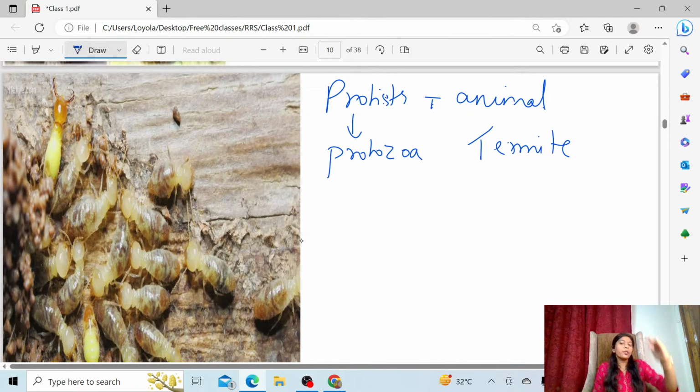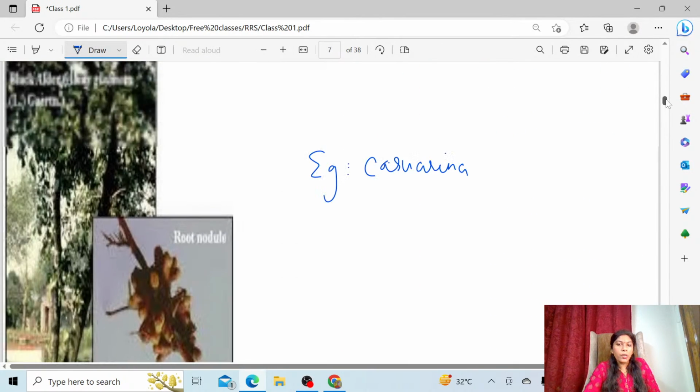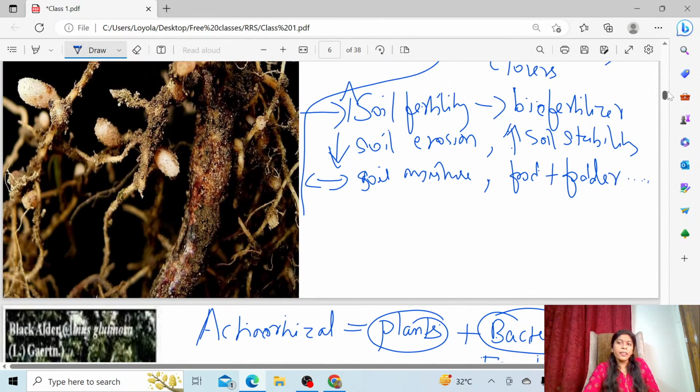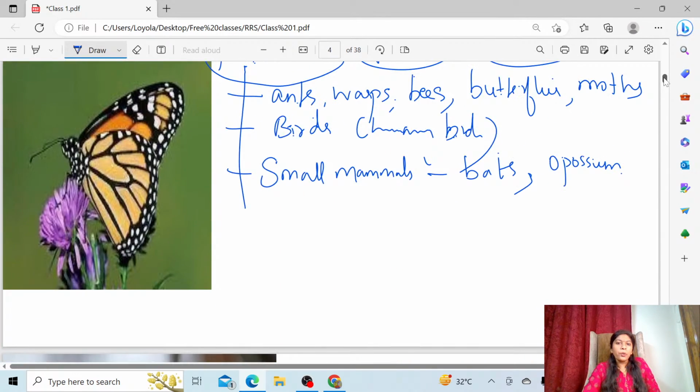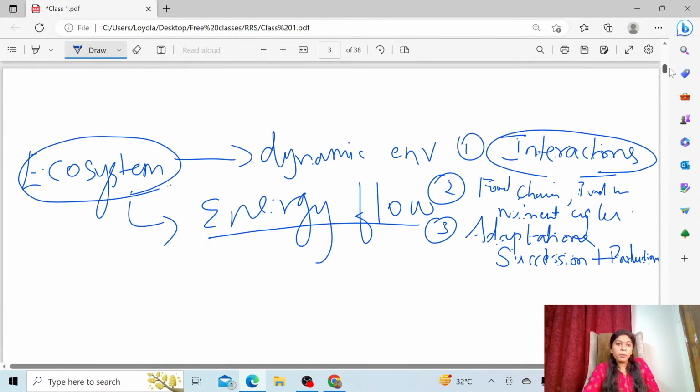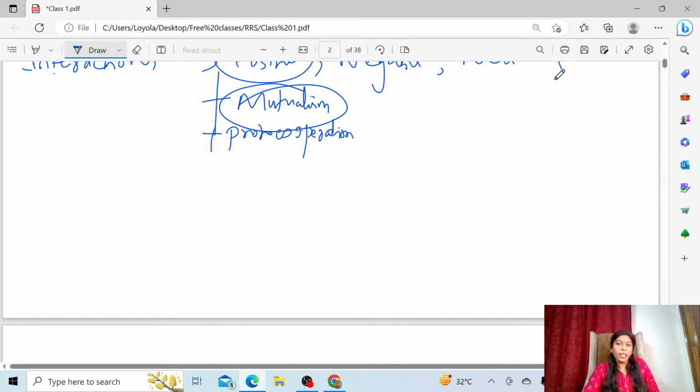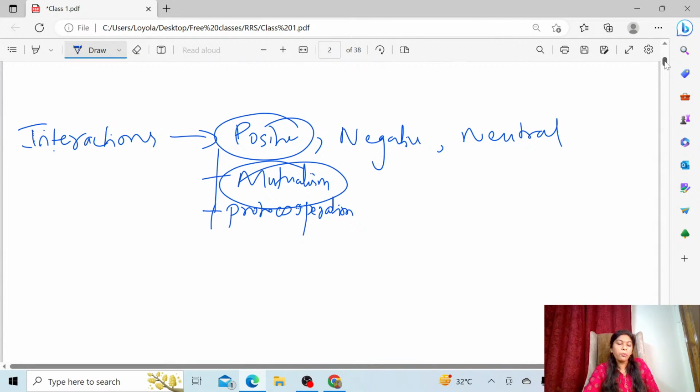So all which we have seen is only for mutualism. Mutualism is a very important topic in case of interaction among organisms. So we have completed mutualism. As I said, in positive interaction, we will be seeing protocooperation, but we need not explain it here in this class. If you see the interaction class, you will definitely get an idea about it.